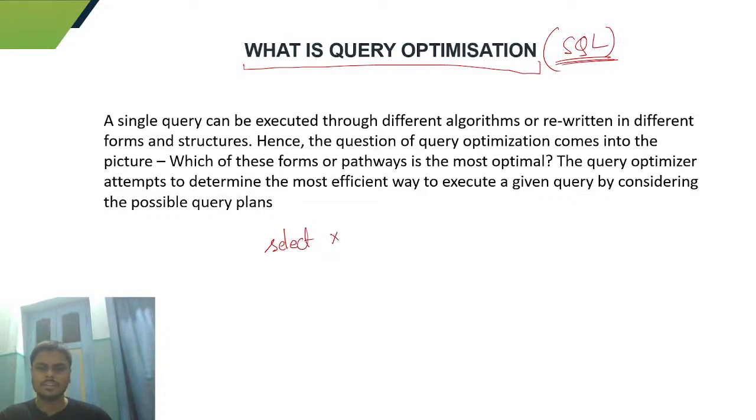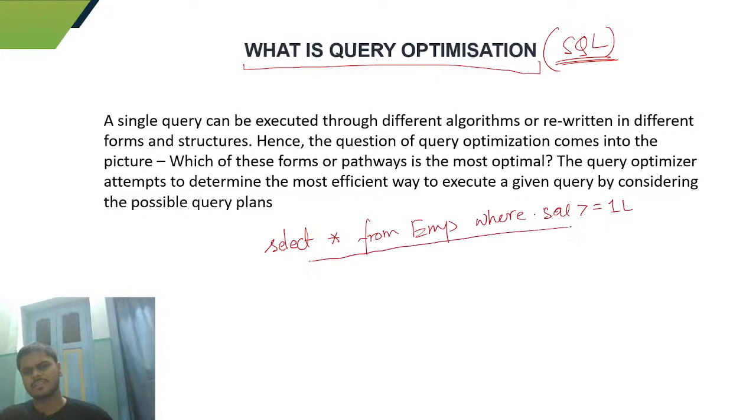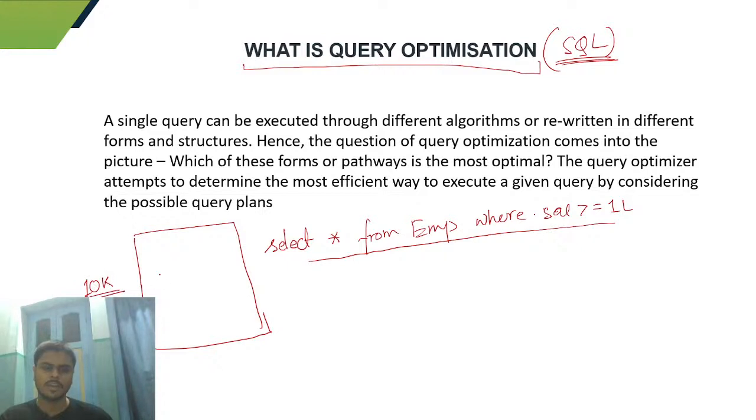If you are writing SELECT * FROM employee WHERE salary >= 1 lakh, let's say this is one of your queries. You have a database table where there are, let's say, 10,000 tuples, and only 5,000 people have a salary greater than 1 lakh.